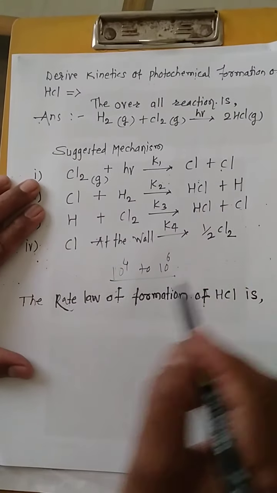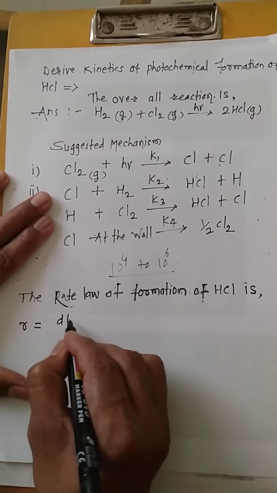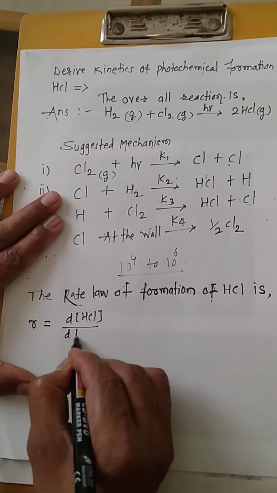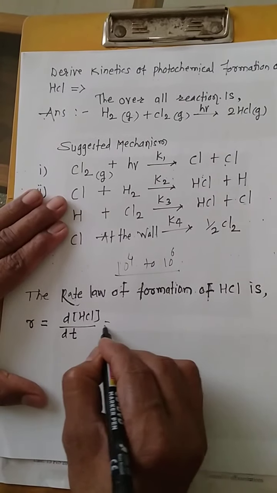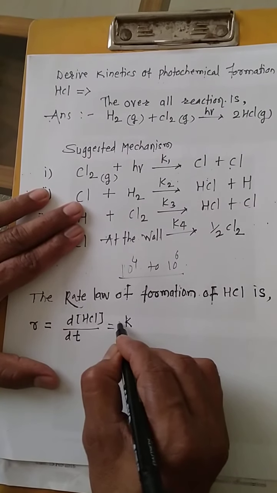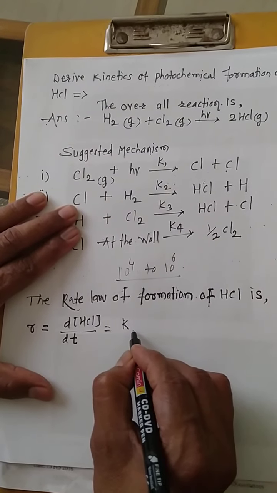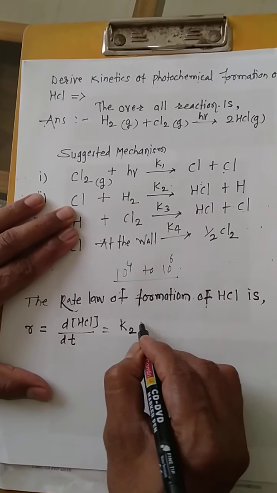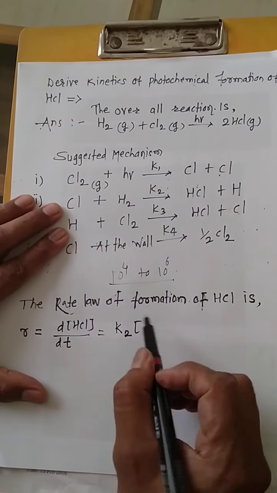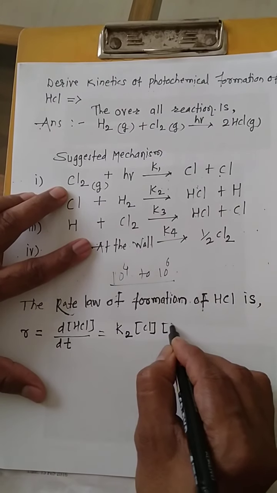Now the rate law is: the rate of formation of HCl is equal to plus K2, because it is present in the product, and you have to write the reactant species in brackets: concentration of Cl, another bracket concentration of H2.